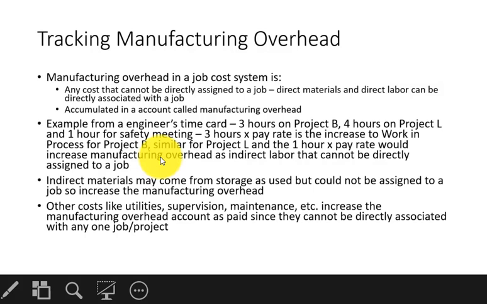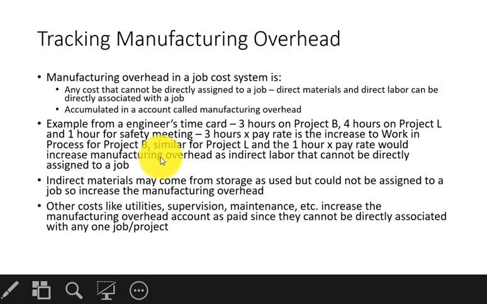Indirect materials, another example, may come out of that same storage or warehouse that we brought our direct materials out of, but didn't go to a particular job, went to the vicinity of multiple jobs and got utilized.